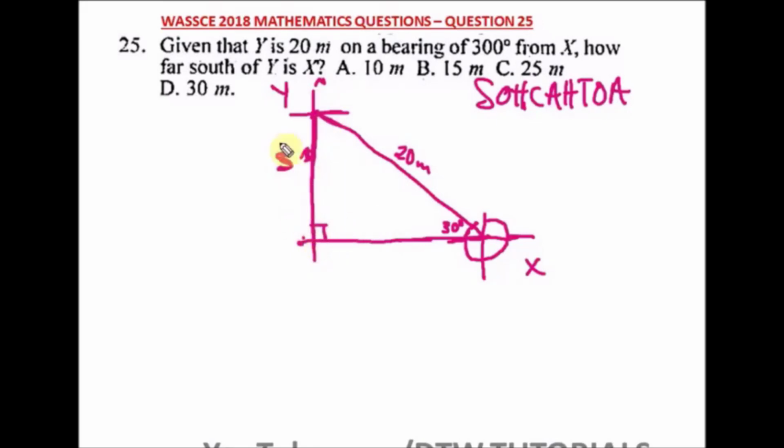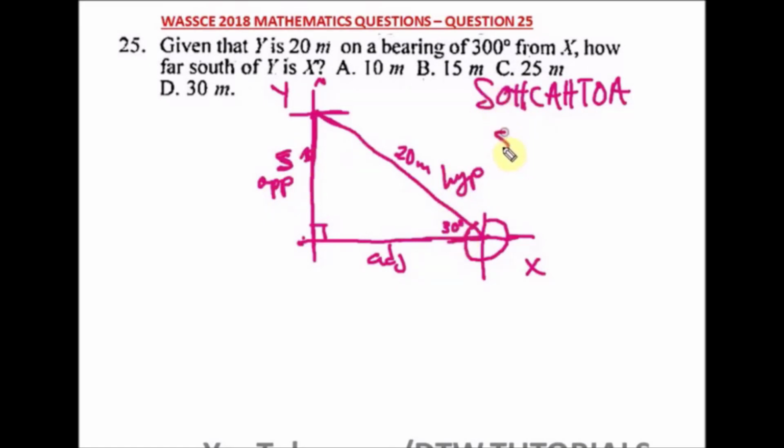To look for this, we use SOHCAHTOA. This is our opposite, this is our adjacent, and this is our hypotenuse. If we are playing around with our opposite and our hypotenuse, we are going to use sine.